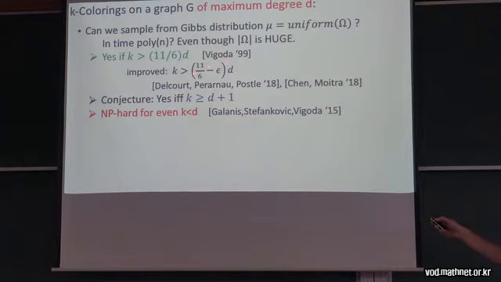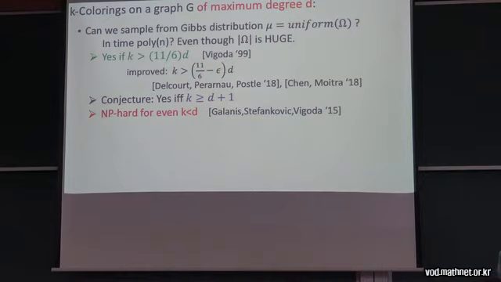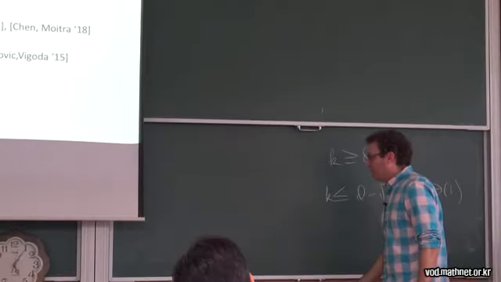And that was the best for general graphs until just 2 months ago. Two different groups improved it by some little epsilon. But what's important is this conjecture, which is also going to come into play: that when K is bigger than D plus 1, then you can do it efficiently.